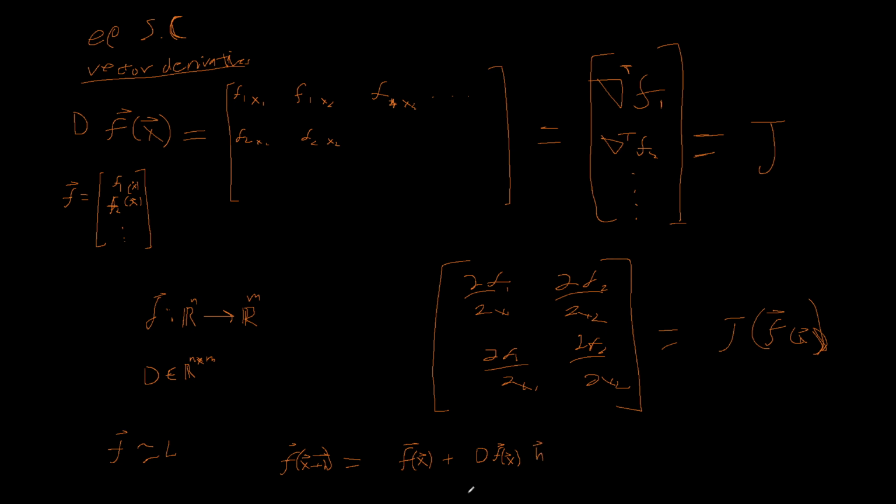Now, if we think about this, this is an R^m vector, this is an R^n vector, and this is an n by m matrix, right? You apply these, and the result is going to be an R^m vector. So I wanted to talk about linear approximations first before this, so that it makes sense.